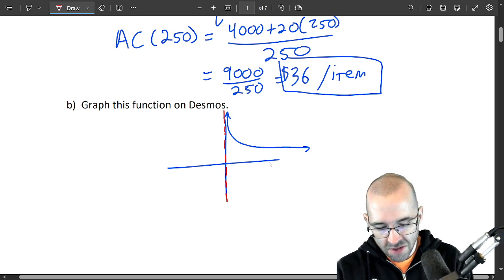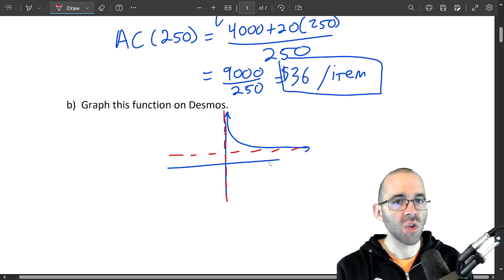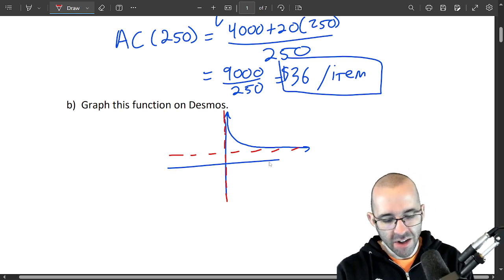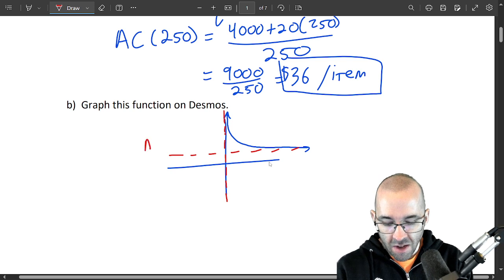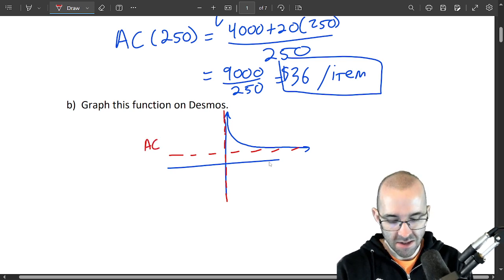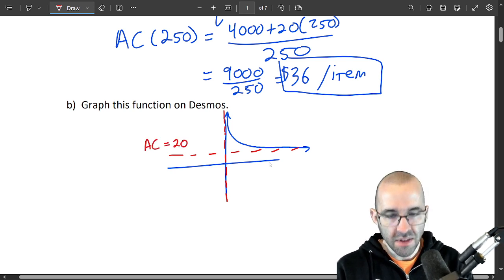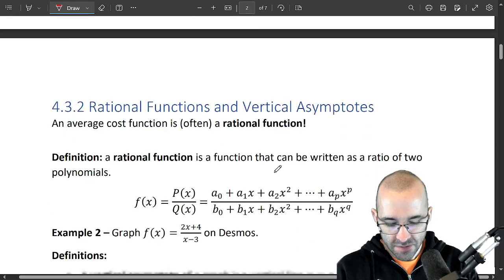Then we had another horizontal asymptote that looked kind of like this. What was the average cost going towards? If we produced a ton of these items, eventually the average cost would approach 20. That's our equation. Average cost equaling 20.